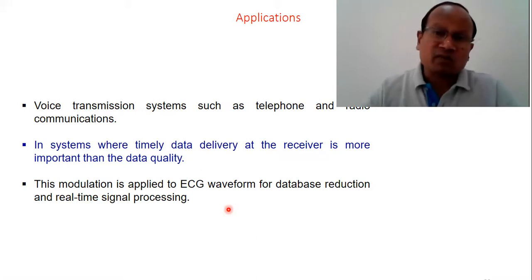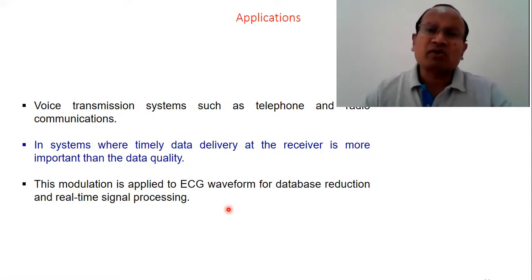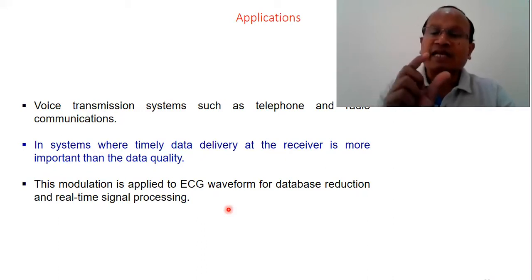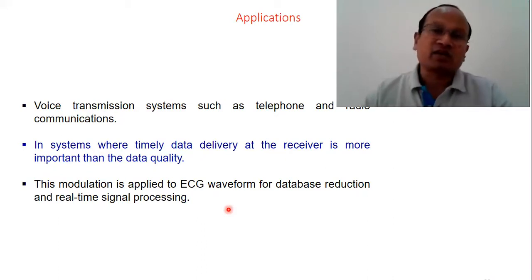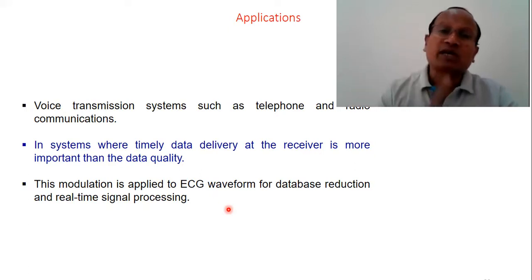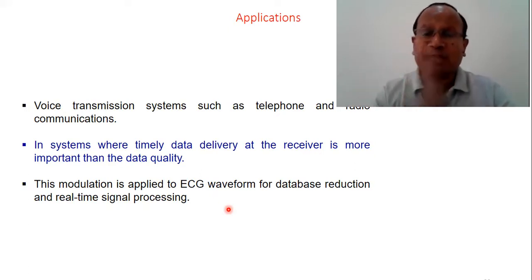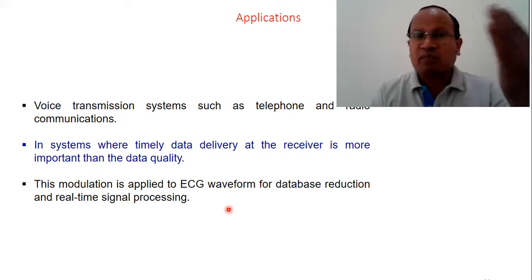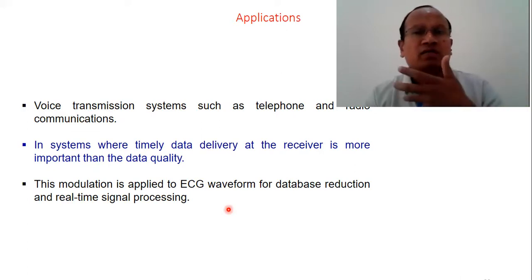So let's summarize what we have covered in this lecture. This lecture is all about delta modulation. Delta modulation, as its name suggests, is the modulation in which only the difference terms, the delta terms, are quantized and encoded. The biggest thing in delta modulation is that all the difference terms are encoded into only one bit, a single bit, with only two levels, either +1, -1, or 1 or 0.